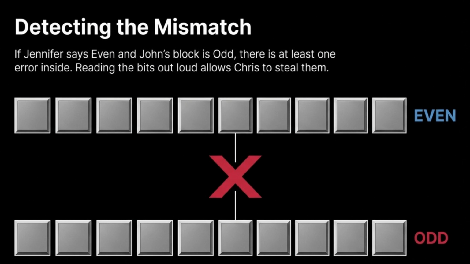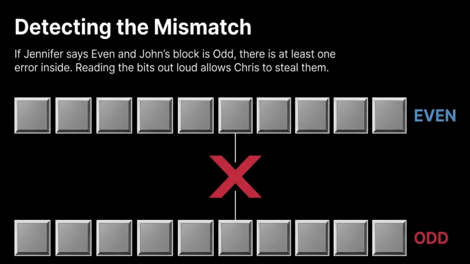Now, the logical next step might seem to be just reading the bits out loud to see which one is different, but we must remember the Chris factor. Jennifer and John are communicating over a public channel. If they read the bits out loud, they are essentially handing the secret key directly to Chris. They are caught in a bind.